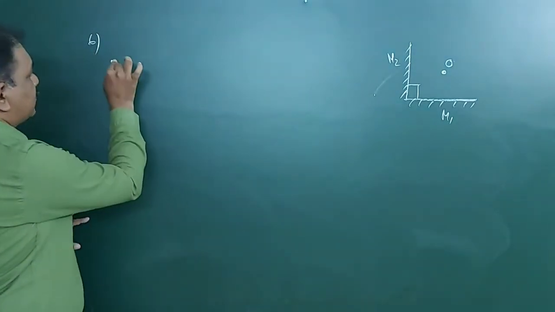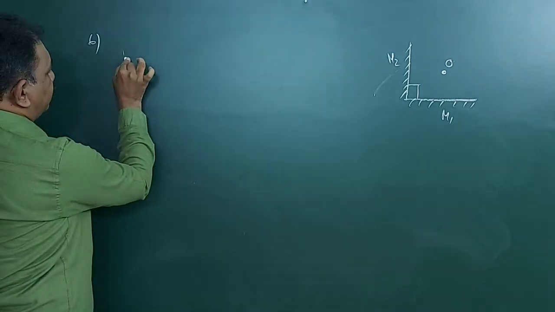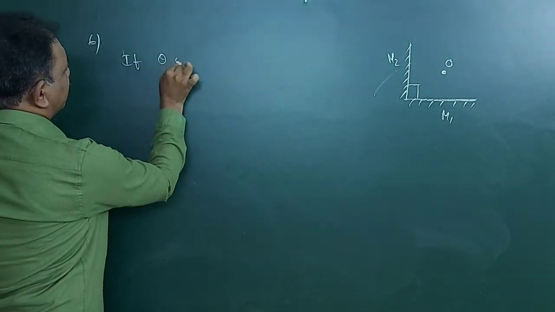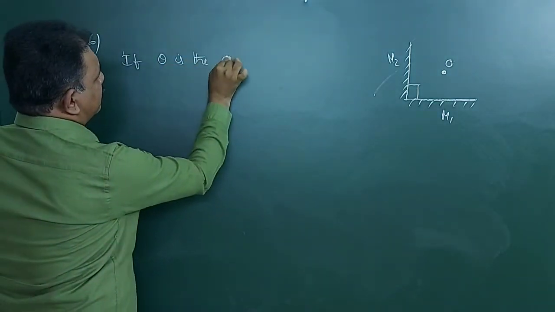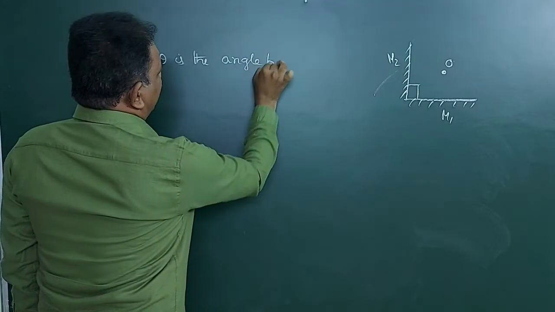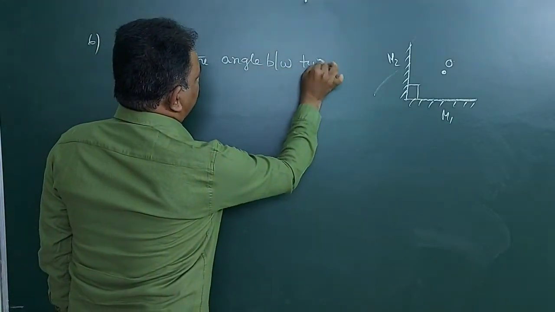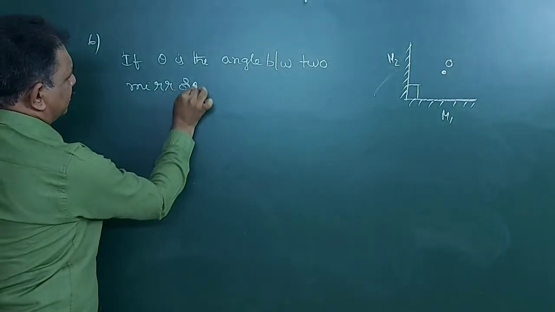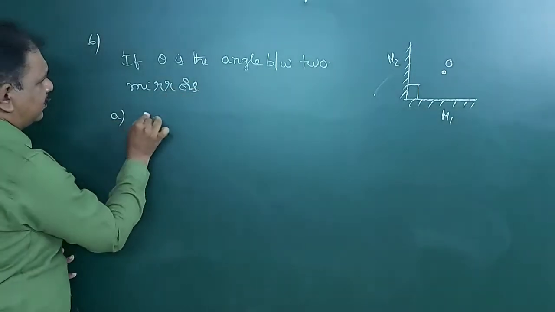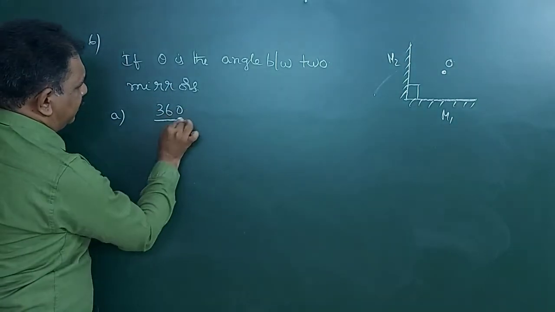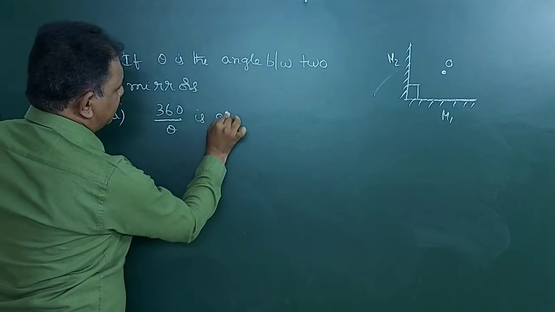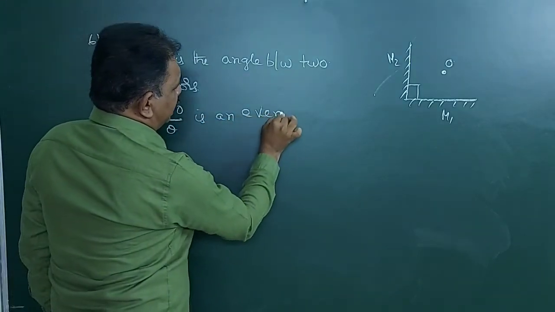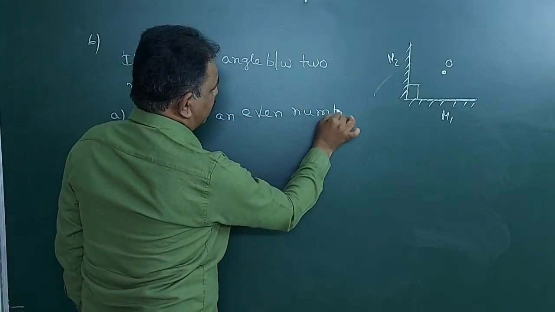So for that, first one, if theta is the angle between two mirrors and 360 by theta is an even number.